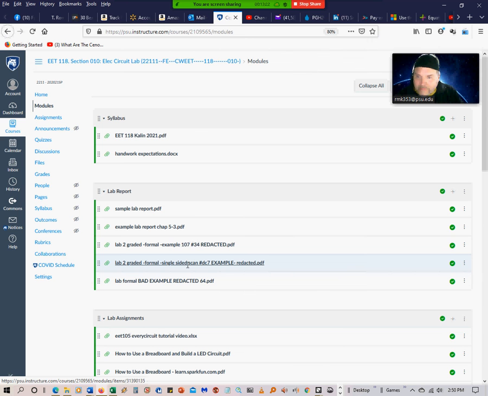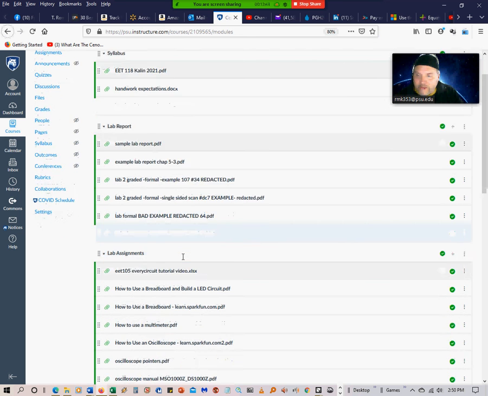And then here's another lab example. They might actually be the same one. I'd have to go and look. And then here is one that they didn't do so well, and they made a lot of mistakes. So you can look at that and see what they did and maybe things to avoid.